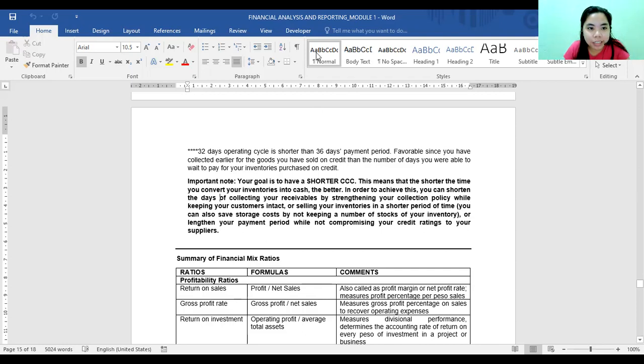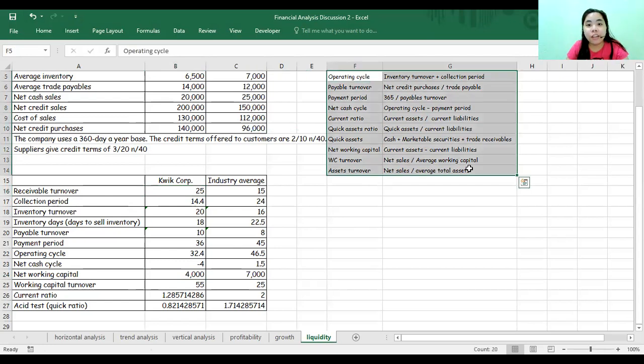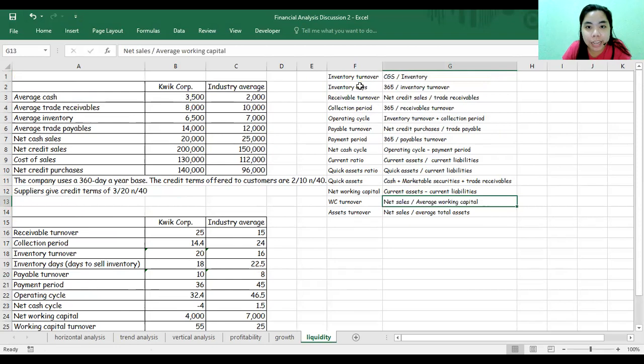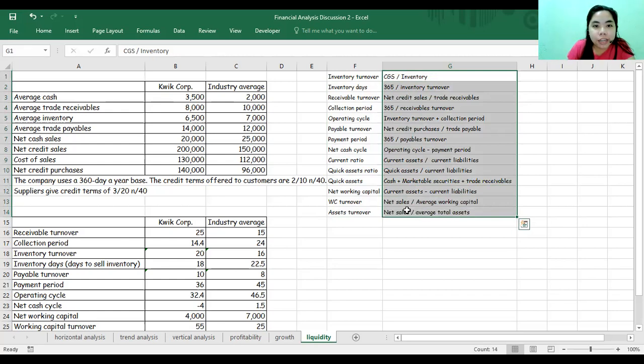Okay, so the bottom line of what we're doing with these ratios, yes, we're getting these figures. This is not only a formula for you to memorize, but the important thing is that you understand why we have this formula, what its use is, and what effect it has on our decision making.